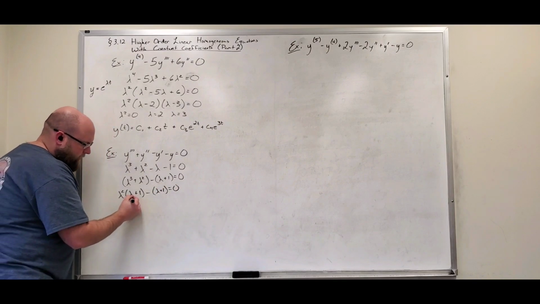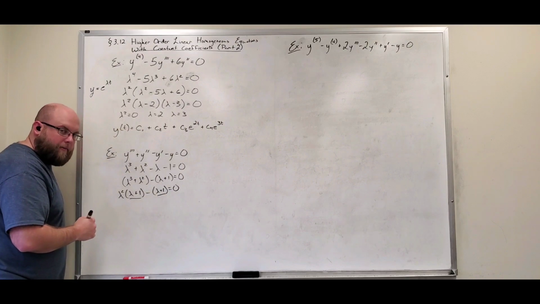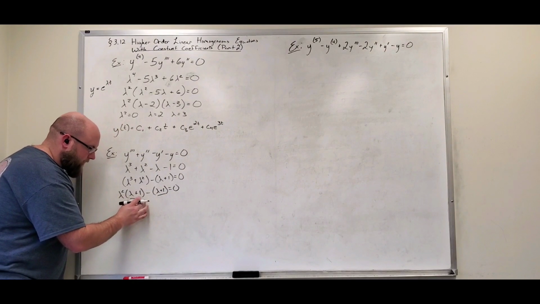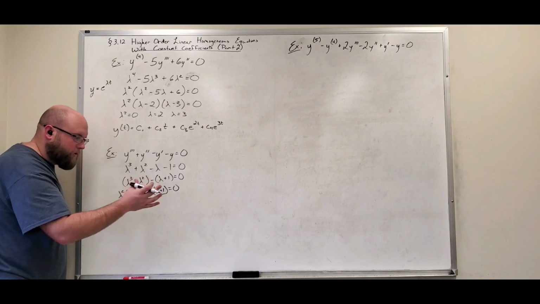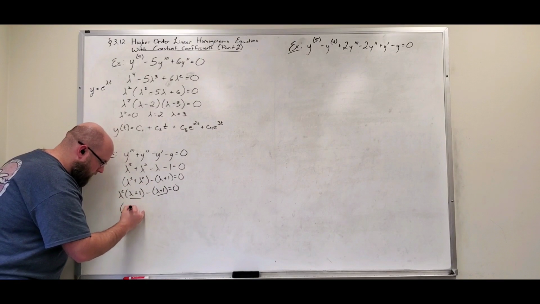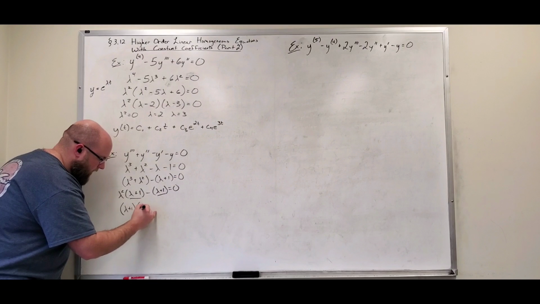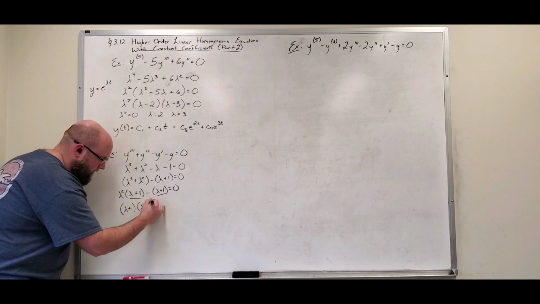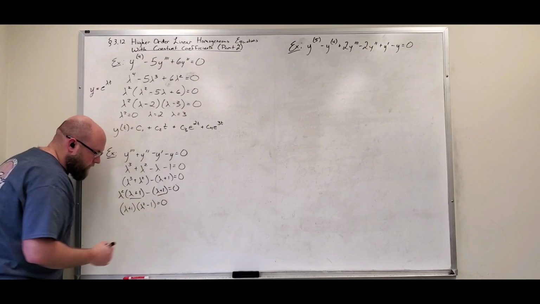Well, if that's the situation, notice that both of these are in common. So if we treat this as one particular unit, we get lambda plus 1 times lambda squared minus 1 is equal to 0.